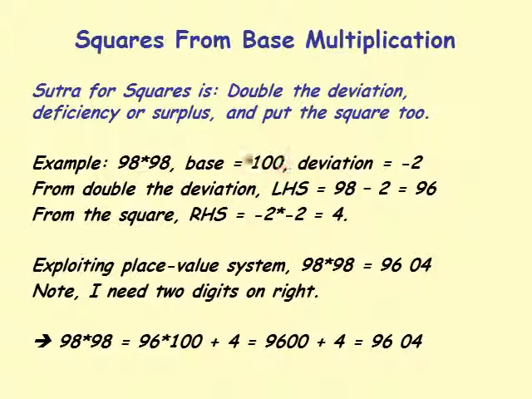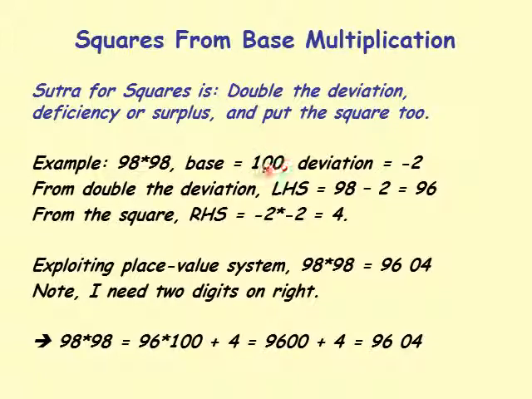Base is 100, and the detailed version of this base multiplication was the left hand side, which is 96, times the base, plus the right side. So that is 9604. I need 2 digits on the right because base is 100, which has 2 zeros.